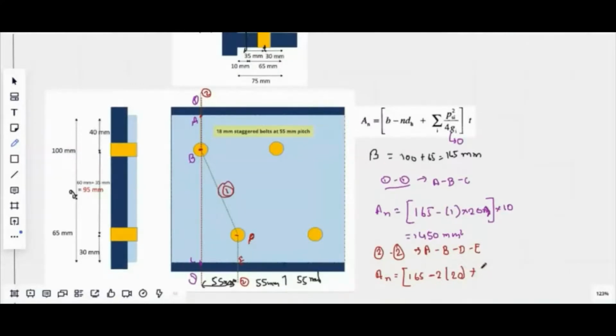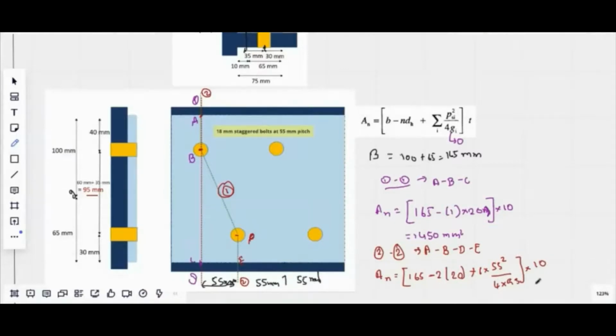The value of pitch is 55 mm, which is 55 square by 4 into the gauge distance. The gauge distance we got is about 95 mm, into the thickness of plate, which is about 10 mm.